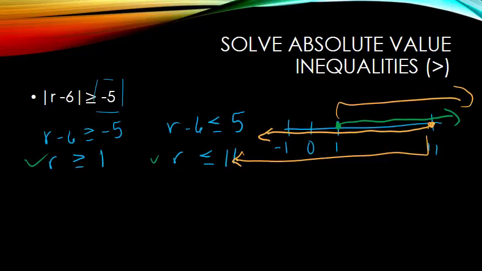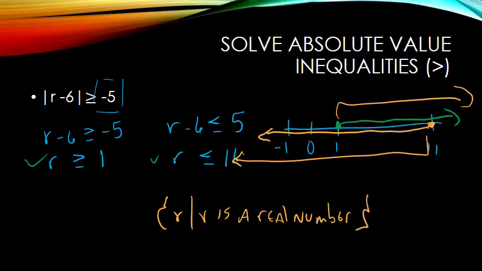And so it's all real numbers. And so then I could say r such that r is a real number. In other words, any number for r would satisfy this inequality. Gets tricky sometimes.